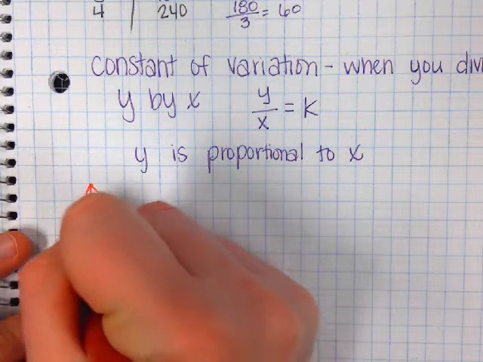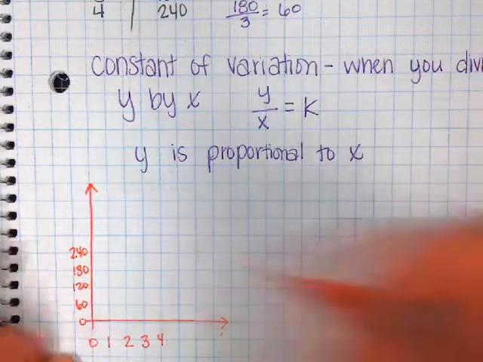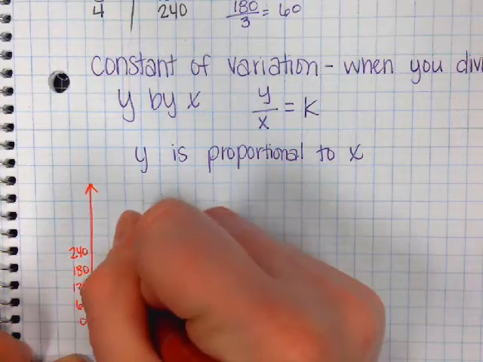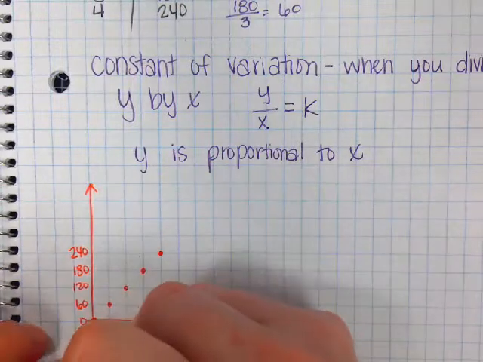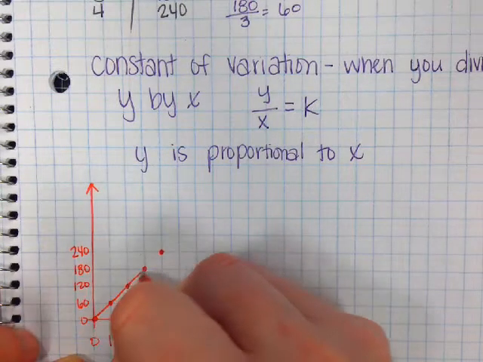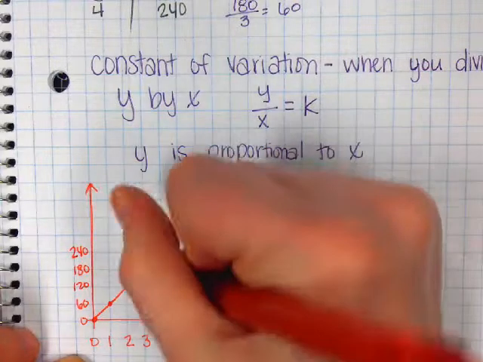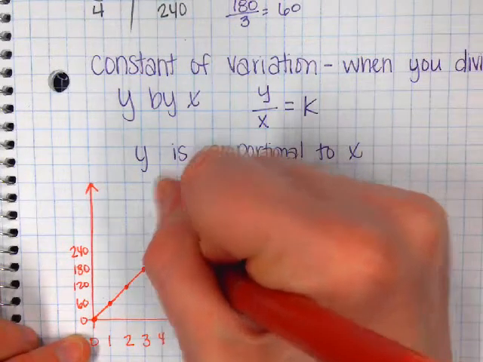So we'll go 0, 60, 120, 180, 240. So 0, 0; 1, 60; 2, 120; 3, 180; 4, 240. So if you notice, it looks like that. It's linear, so it makes a straight line.